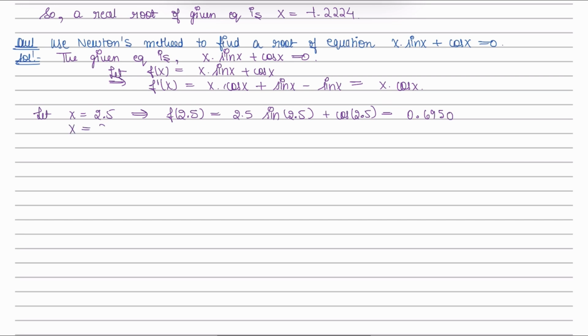And for the value of x equal to 3, function value be 3 into sine 3 plus cos 3, which is equal to minus 0.566.